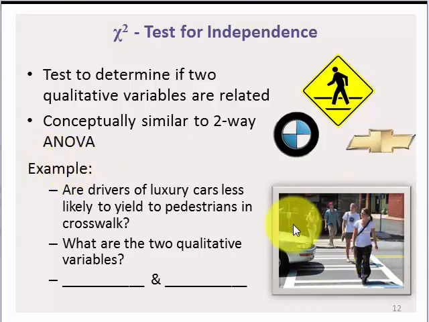This example I took from a real study that we'll read shortly in the course. Do drivers of luxury cars, are they less likely to yield for pedestrians in the crosswalk?